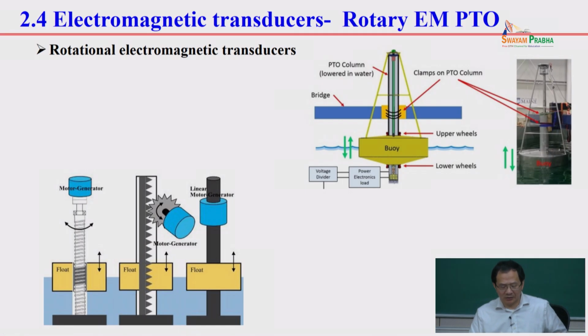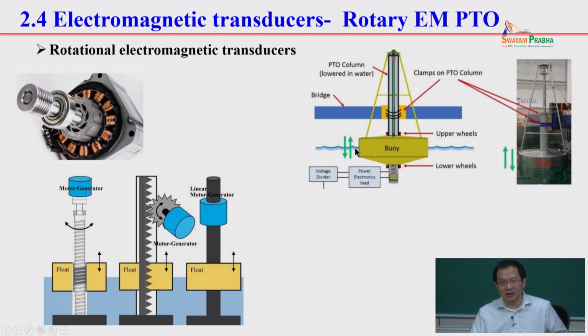So you can have different transducers, from linear systems to electric systems, and you can put them in the system we call the PTO. PTO is more complicated than that, but this gives you a sense of how to take energy out from the vibration system, with an electromagnetic transducer.